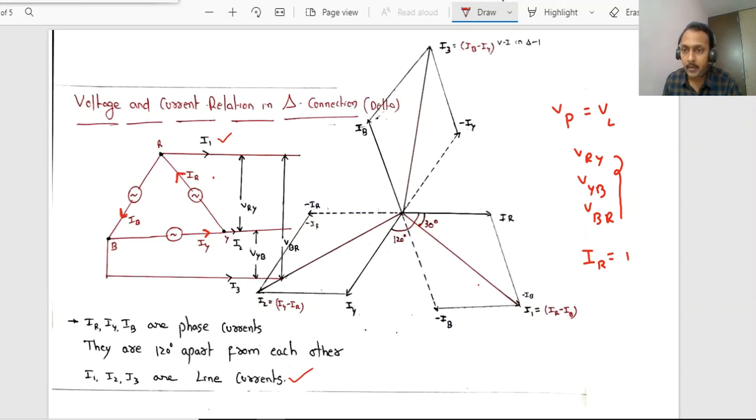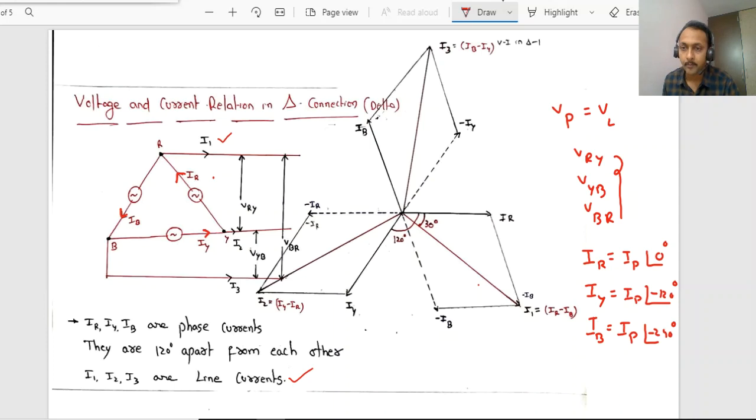IR will have magnitude IP at an angle of 0 degrees, and IY will have the same magnitude IP, but differ by an angle of 120 degrees, so minus 120 degrees. And IB will also have the same magnitude IP, but differ by 120 degrees with respect to Y. Already minus 120 is there, and one more minus 120, so we get minus 240 degrees.